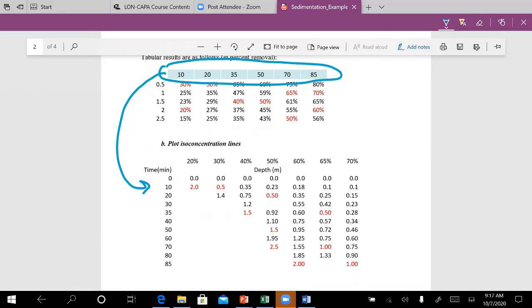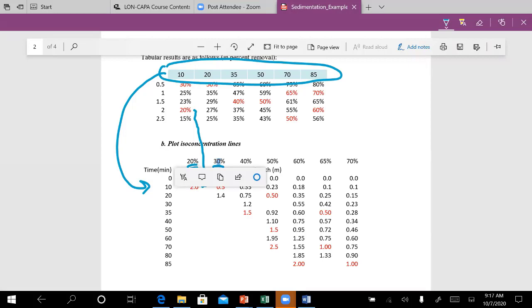So if you look here, initially, at a depth of 2 meters and 10 minutes, we have 20% removal. So here's your 20% removal. In order to achieve that 20% removal, we need to wait 10 minutes, or take that sample at 10 minutes at 2 meter depth.